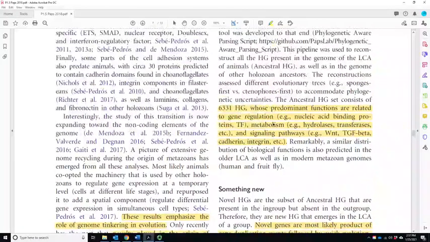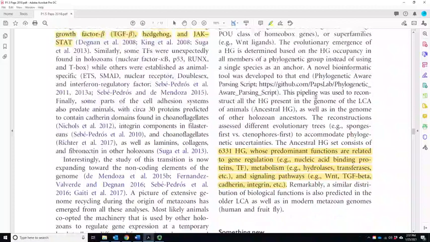of new things. To understand these, we need to understand this concept of homology. And hopefully that's clear in your head. But to establish homology, the best way to do that is to have a clear and well-supported phylogeny. So mapping characteristics onto a phylogeny is the best way to establish homology.